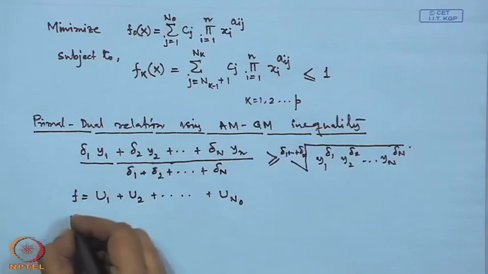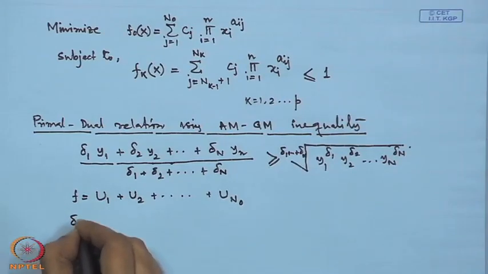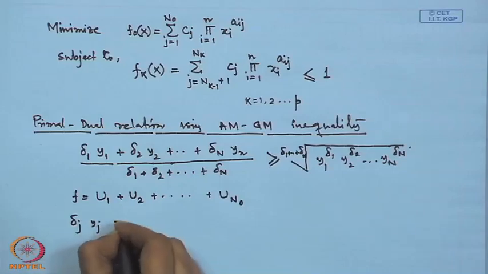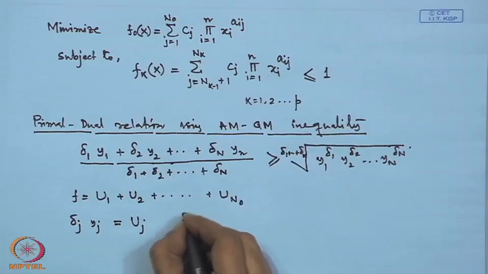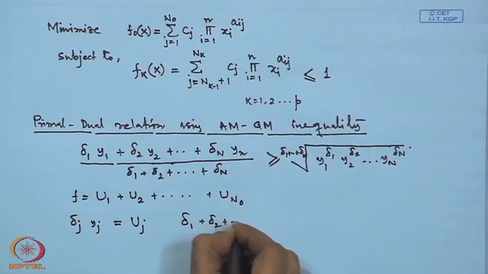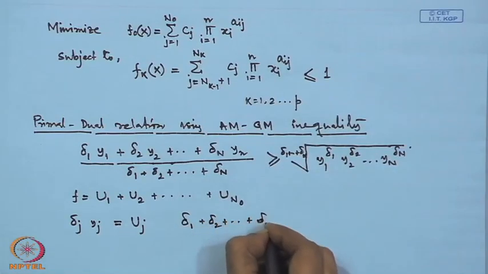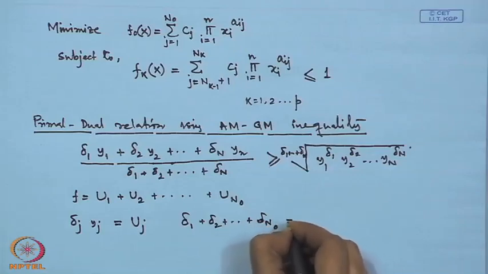Let us consider delta j yj equal to uj. Then we can rewrite this arithmetic-geometric mean inequality, and assume delta 1 plus delta 2 up to delta n0 is equal to 1.